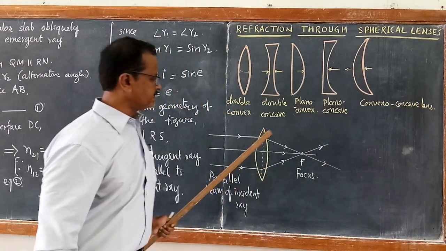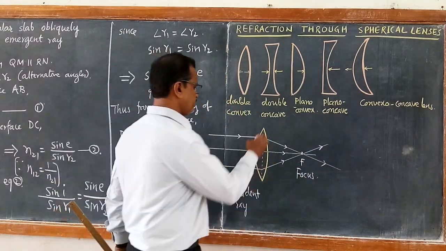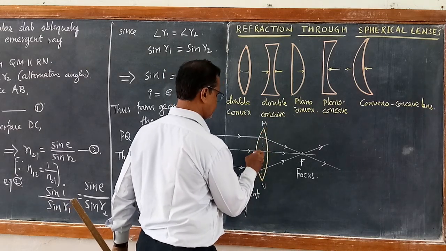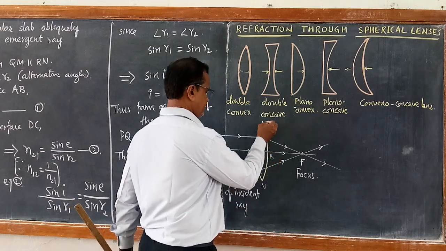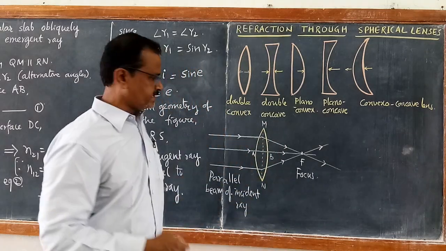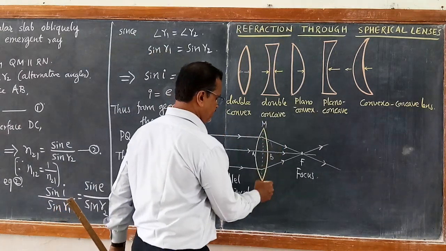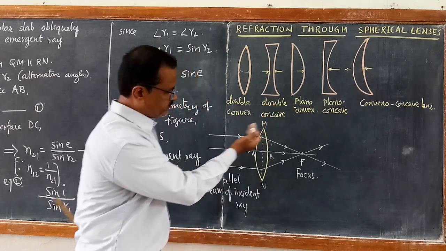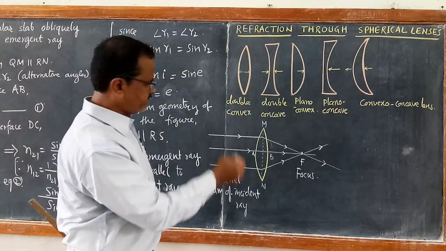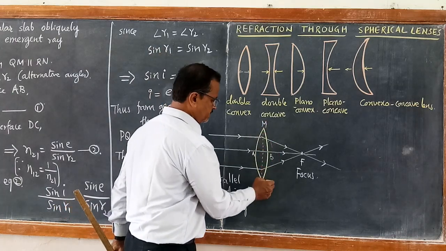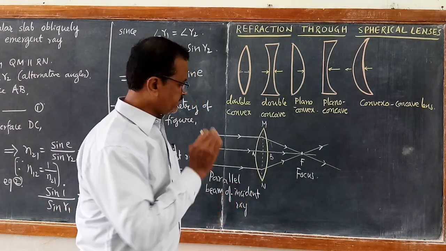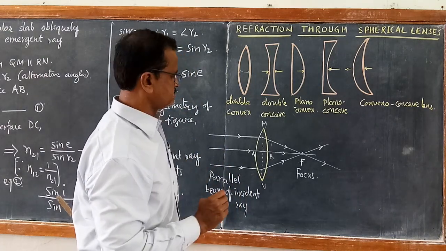And you see it has two curved surfaces. If you call this one M, N, and this one A and B, MAB is one curved surface, MAN is one curved surface, convex towards the left, and MBN is another curved surface, convex towards the right. So therefore it is also called a double convex lens.